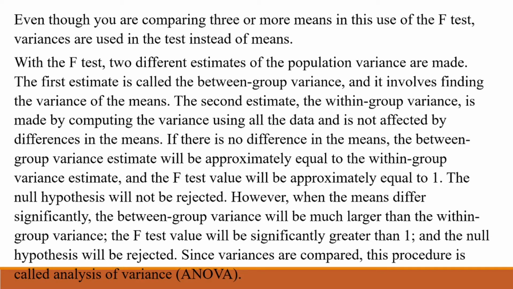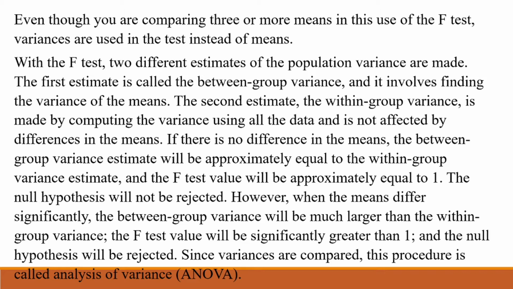Even though you are comparing 3 or more means, in this use of the F-test, variances are used in the test instead of means. With the F-test, two different estimates of the population variance are made. The first estimate is called the between-group variance, and it involves finding the variance of the means.